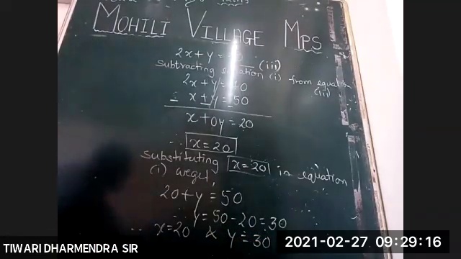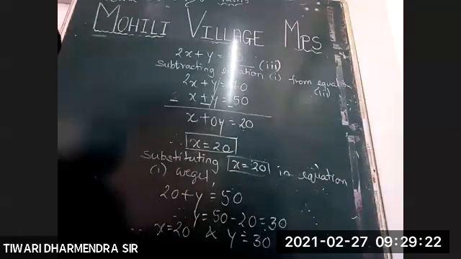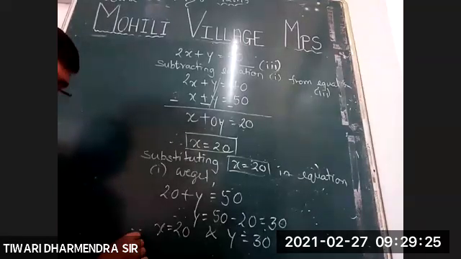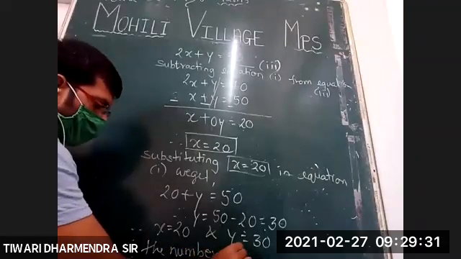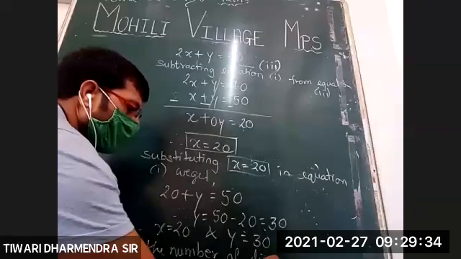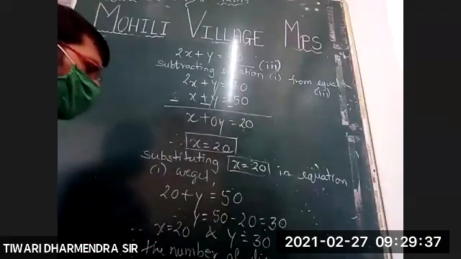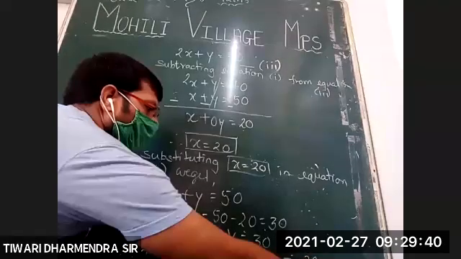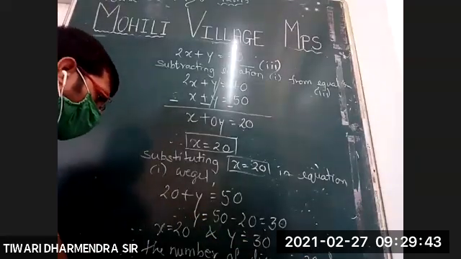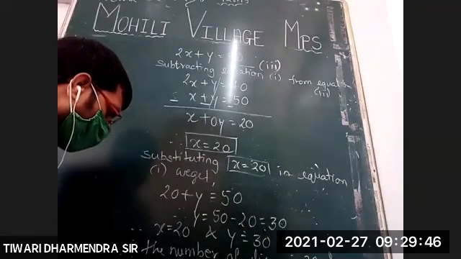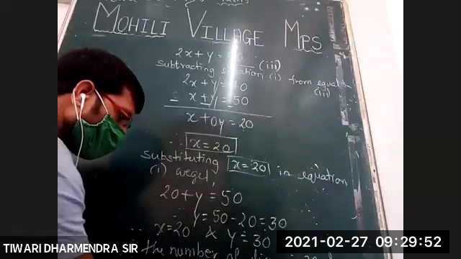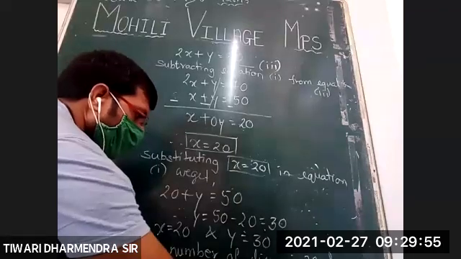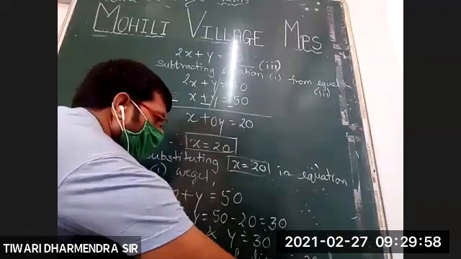So we should write the final answer. Therefore, the number of lions is 20 and the number of peacocks is 30 in a certain zoo.